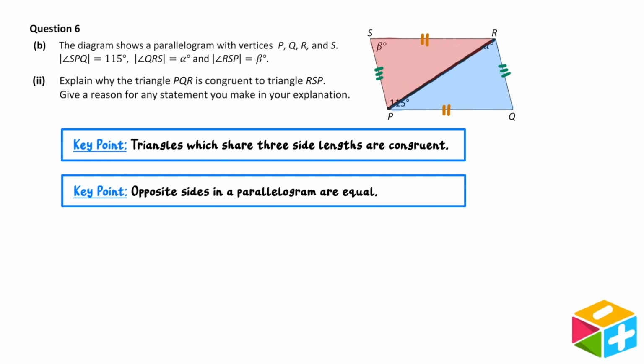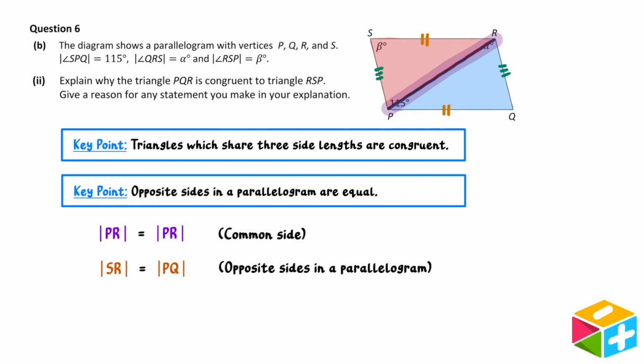So, let's look at our two triangles and show that they share three side lengths. The first thing to note is that our triangles share a common side, PR. So this is one side length that they have in common. We noted earlier that the length of SR is equal to the length of PQ.